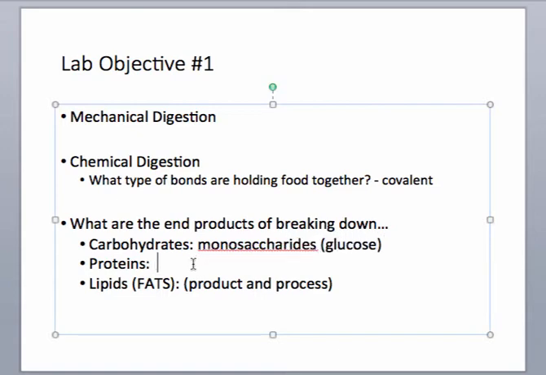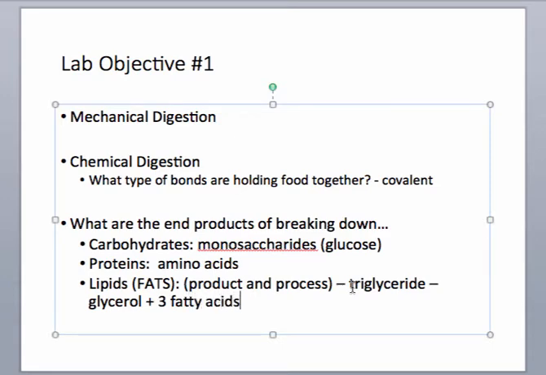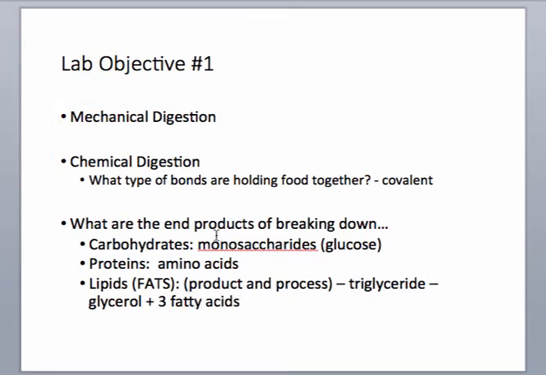With proteins, remember those are amino acids, and then with lipids, the most abundant form is going to be the triglyceride, which breaks down into glycerol and 3 fatty acids. So these are the components that will actually get absorbed into our bloodstream. So this is why mechanical and chemical digestion both have to occur during digestion.